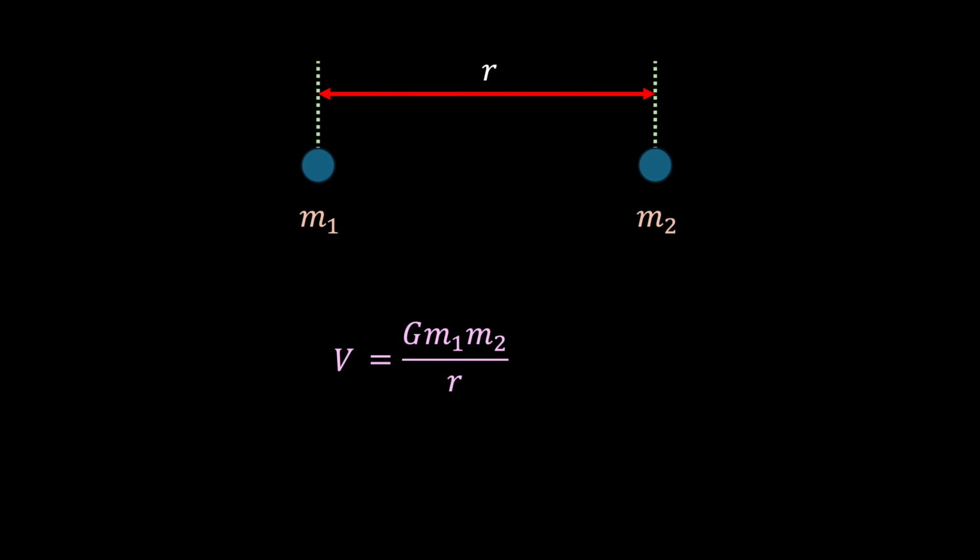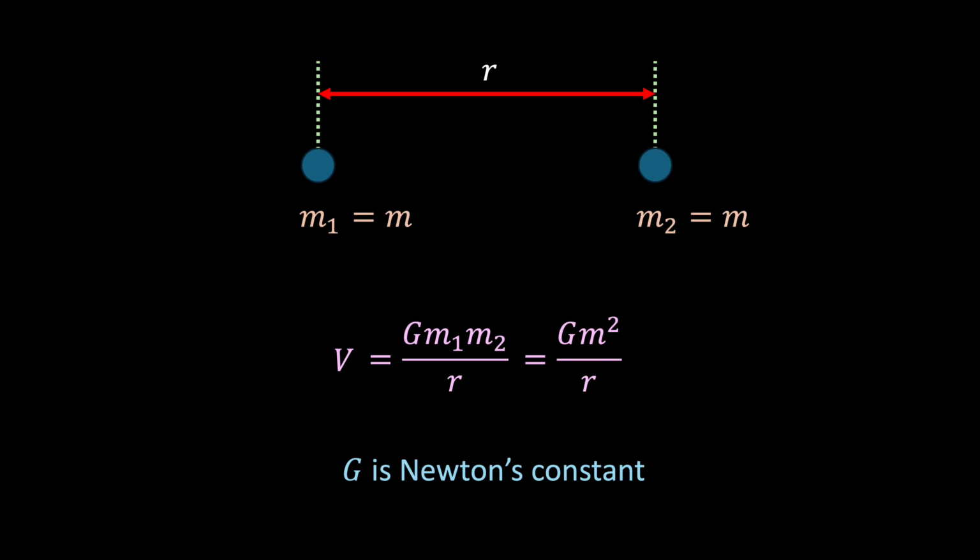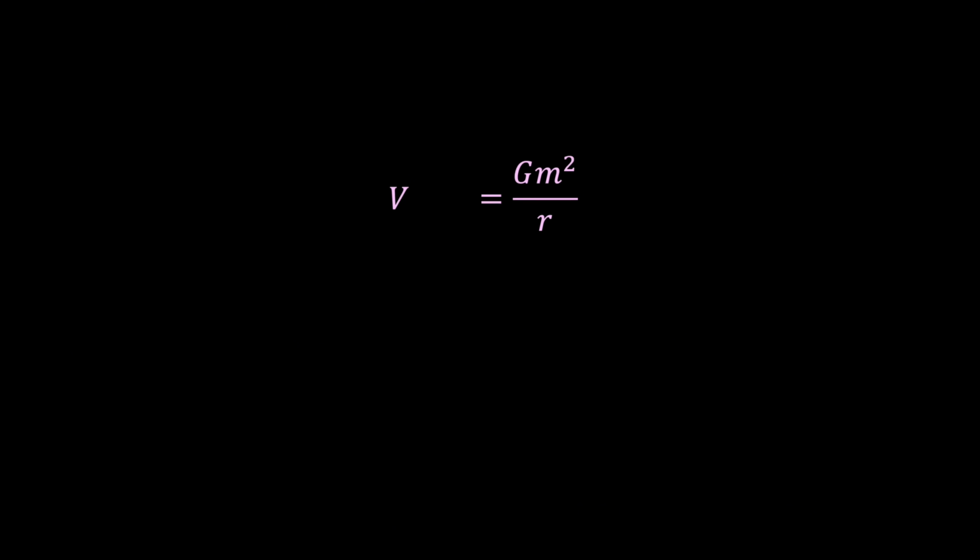For the case of gravity, the magnitude of the Newtonian gravitational potential energy for two masses m1 and m2, separated by a distance r, is G m1 m2 divided by r, where G is Newton's constant. And if both masses are equal to m, we can write this as G m squared divided by r.